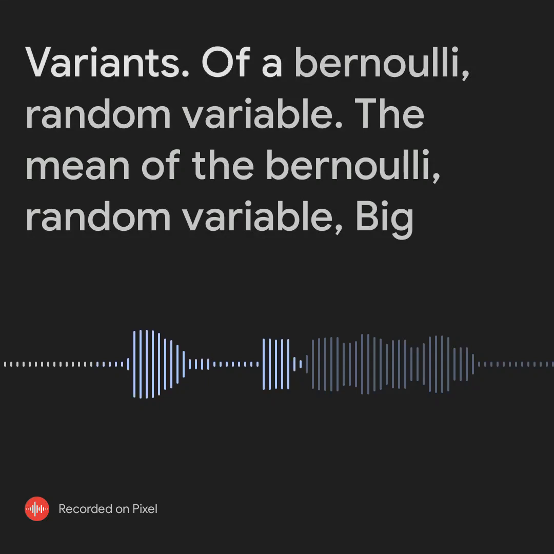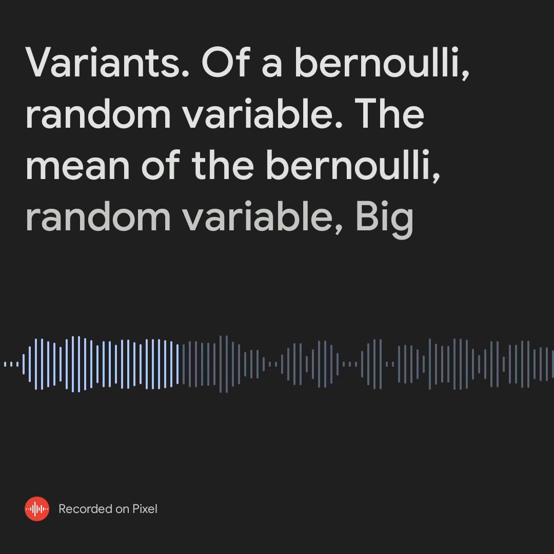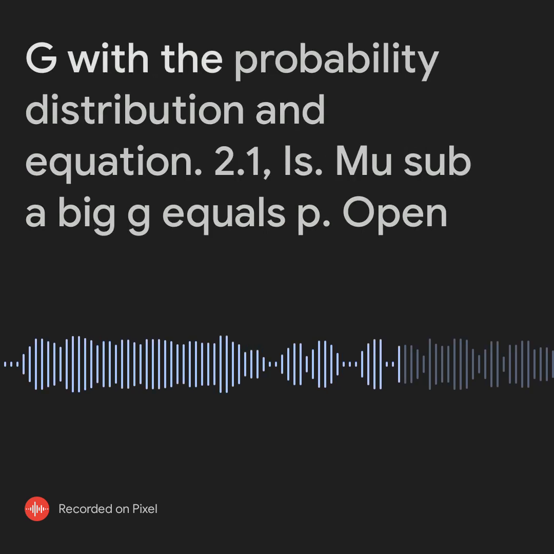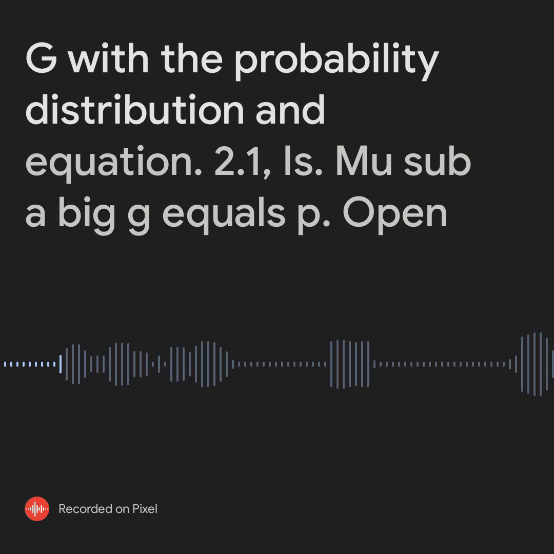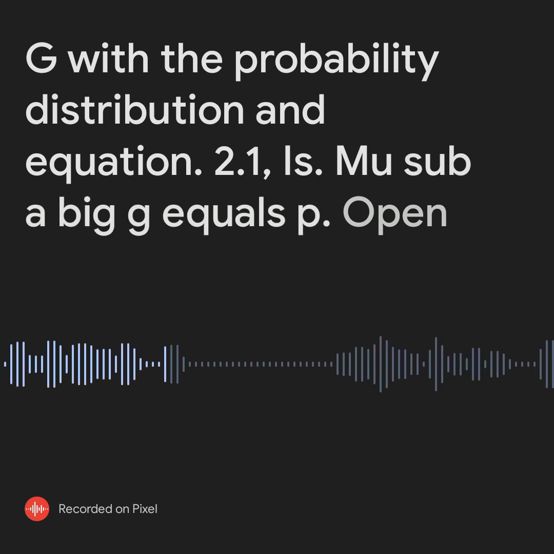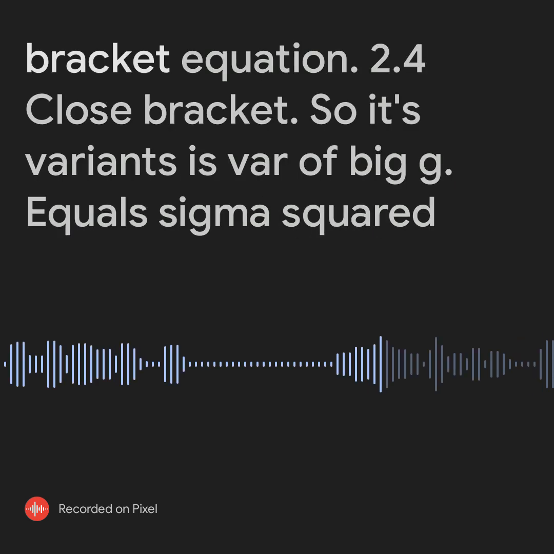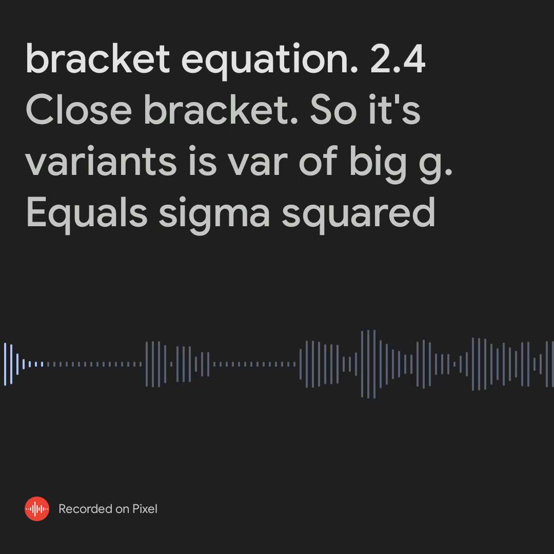Variance of a Bernoulli random variable. The mean of the Bernoulli random variable G, with the probability distribution in equation 2.1, is mu_G = p (equation 2.4).